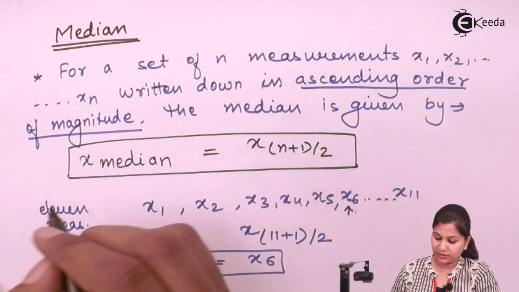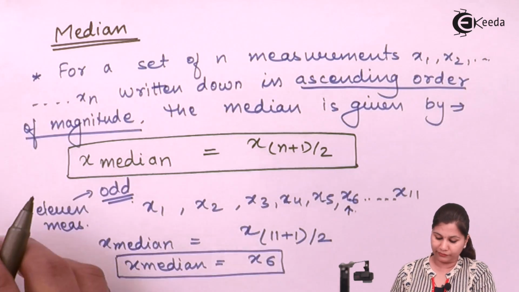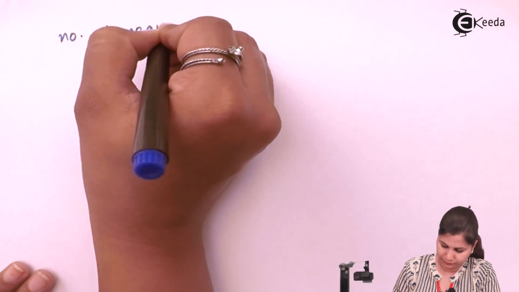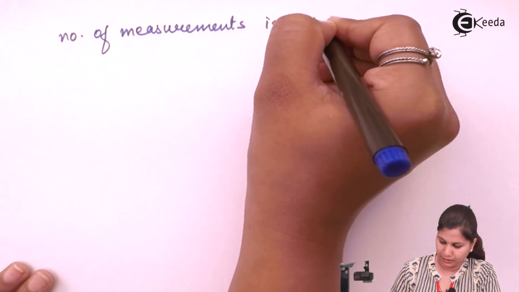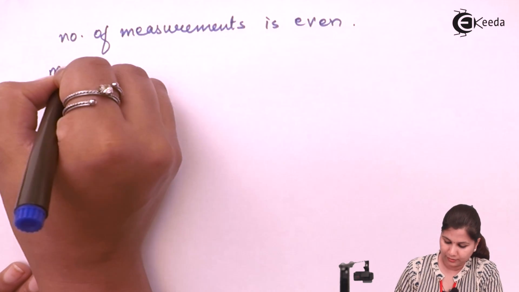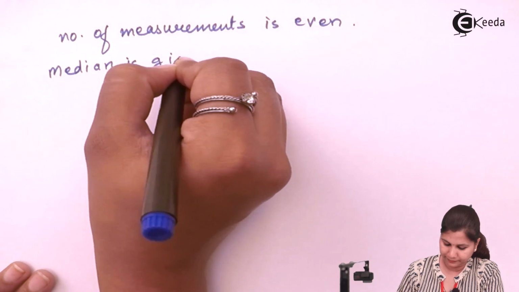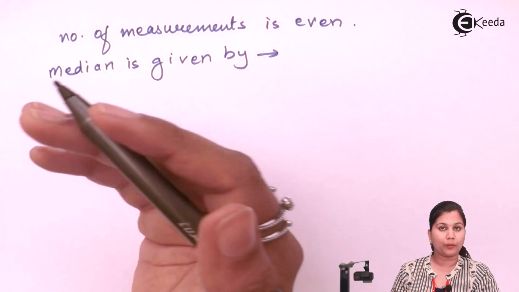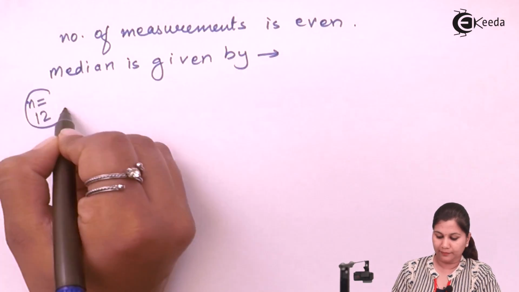So x6, the sixth measurement, will be called the median of the measurements. Now this was the case when the number of measurements is odd. If the number of measurements is even, then the median is given as follows. Suppose that there are 12 measurements, so n equals 12.